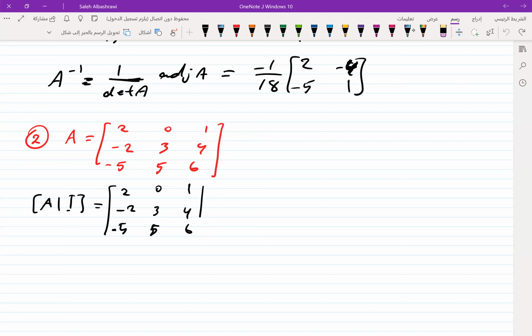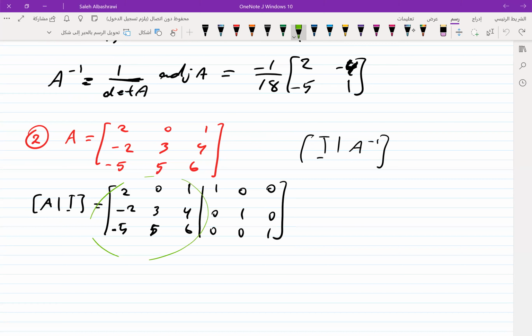And attach it to the identity, that will be 1, 0, 0, 0, 1, 0, 0, 0, 1. This is the identity matrix. And we need to convert it to the form with the identity on the left, and the inverse will be the right part of that matrix. So let's convert this one to the identity using row operations.